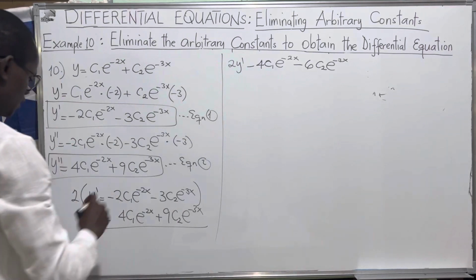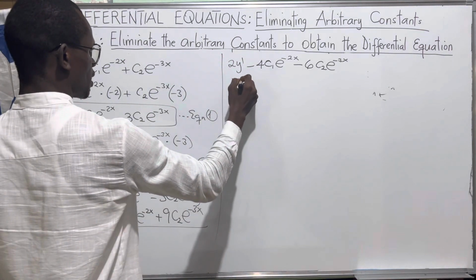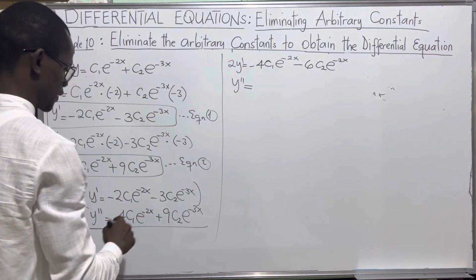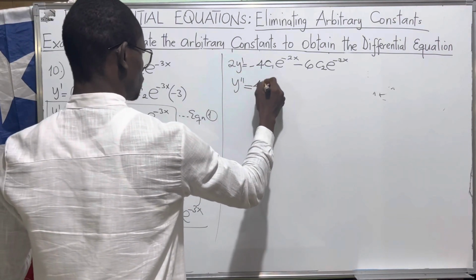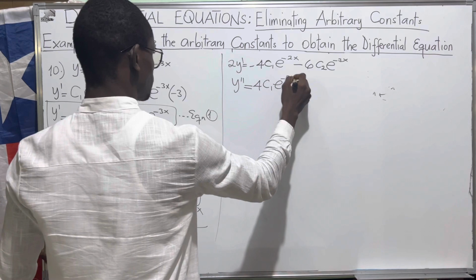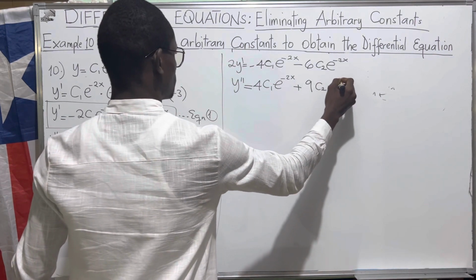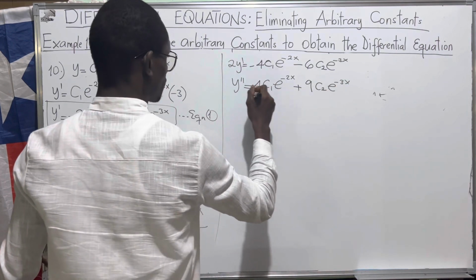And then we rewrite the second equation. You have y prime prime is equal to 4c1 e raised to the power minus 2x plus 9c2 e raised to the power minus 3x.